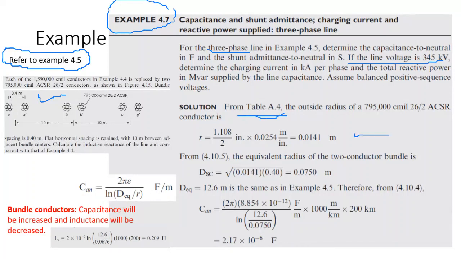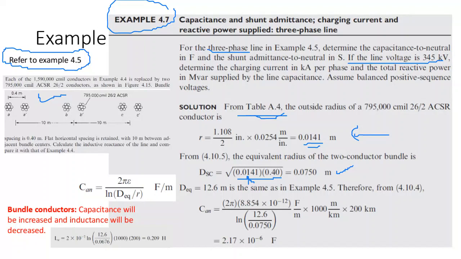Then the geometric mean radius of the conductor, this is what DSC is. Same thing that we discussed in the inductance, except here we put exactly the radius, not R prime. So this is the geometric mean radius. This is R.